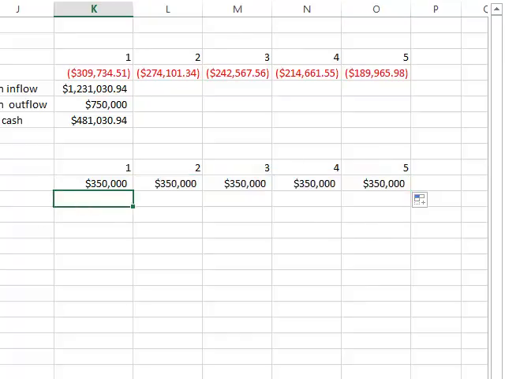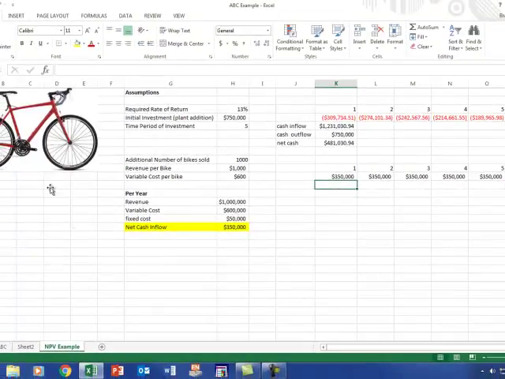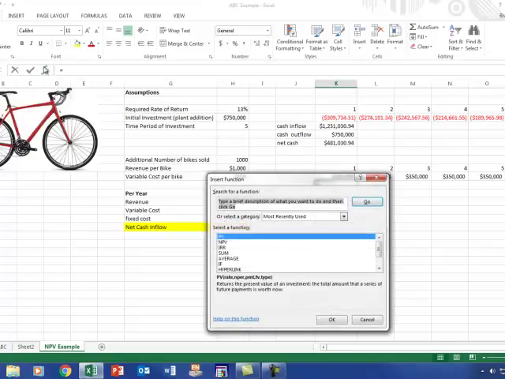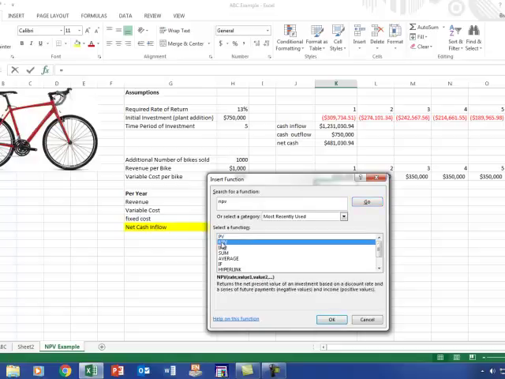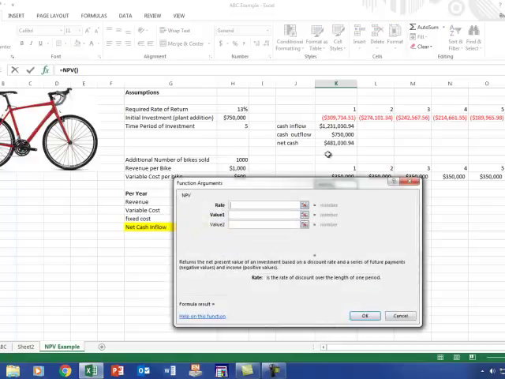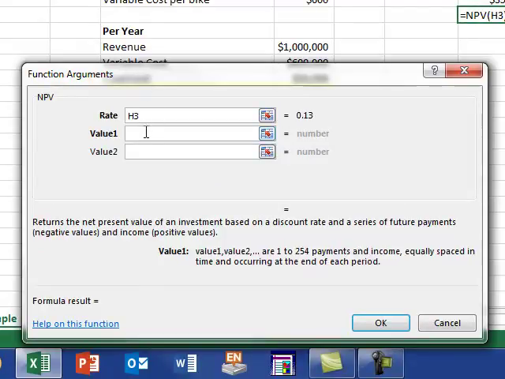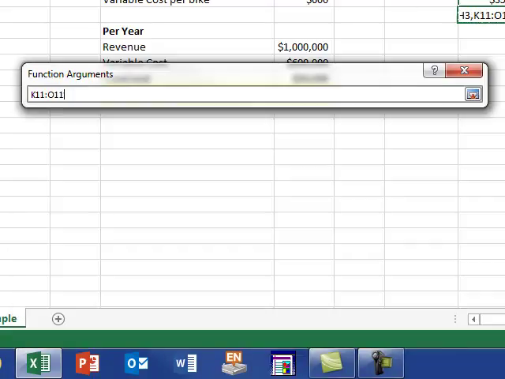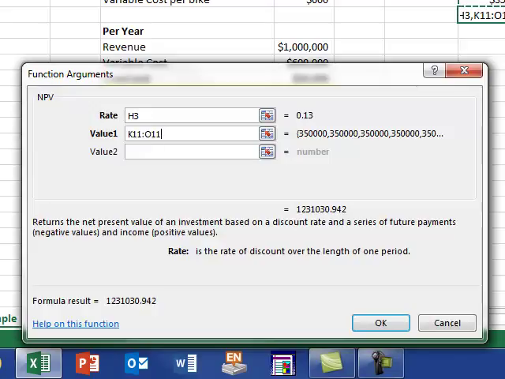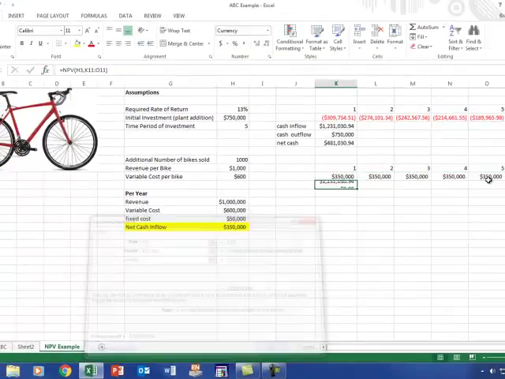Here we can just use the NPV function. All we need to know is the rate, which is H3, and the values. So there's a series. And we click OK. So here it gives me the same amount.